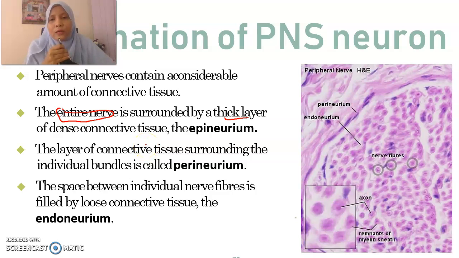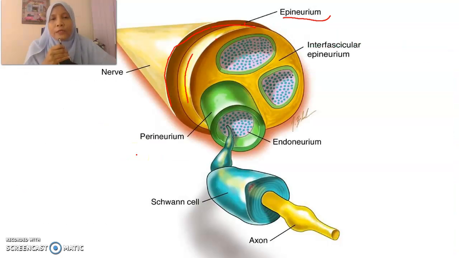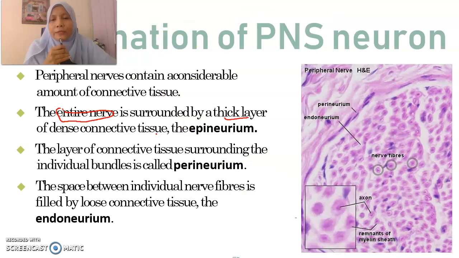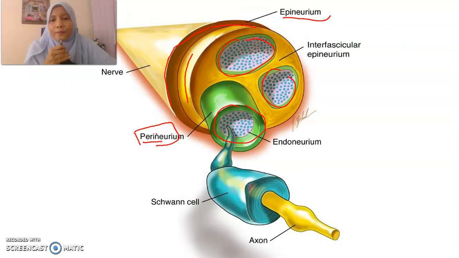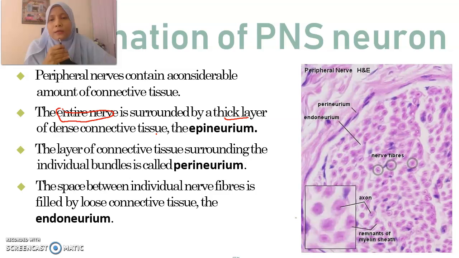That we call the entire nerve. But this connective tissue also surrounds individual bundles of nerve: one bundle of nerve, one bundle of nerve, one bundle of nerve. Each bundle of nerve is surrounded by the perineurium.